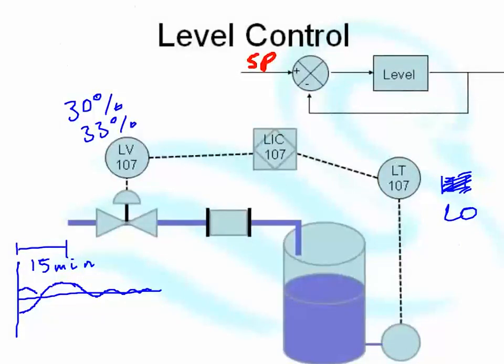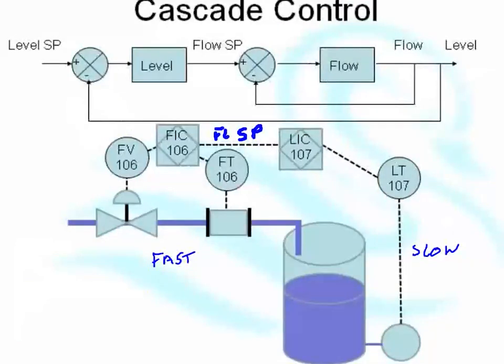Now, with cascade, the tank level control is slow, but the flow control is fast. Now, if somebody were to come along and service the valve so the valve works more efficiently, if the level goes low, instead of outputting to the valve, the level says, okay, increase the flow by, say, 20 litres.